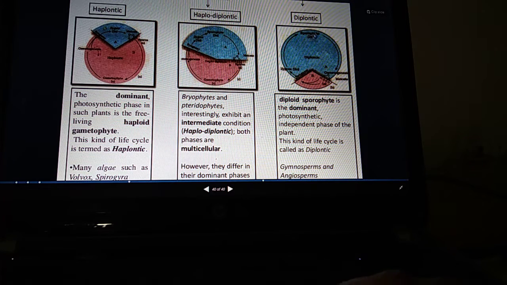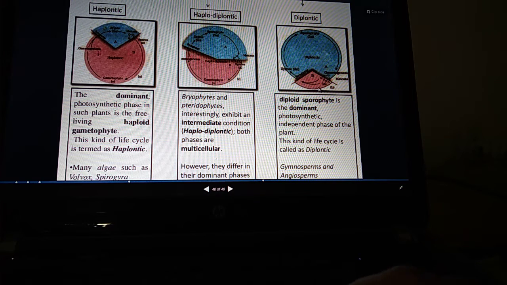Here also the main body is diploid, for a short time haploid gametes are formed, again they fuse to form the zygote. So again there is alternation of generation.